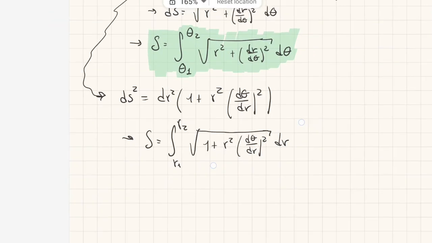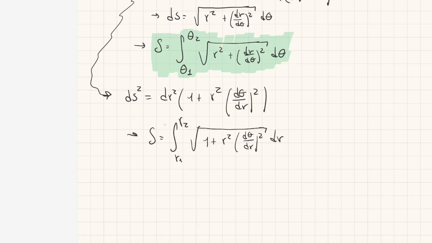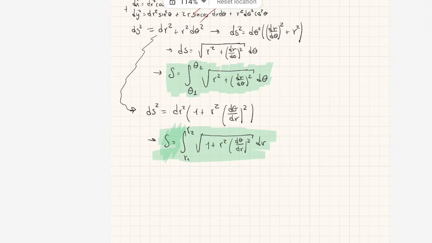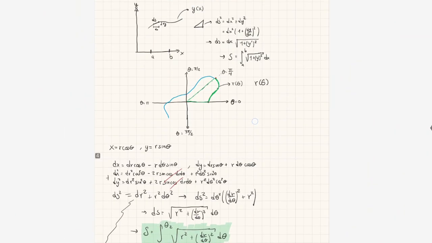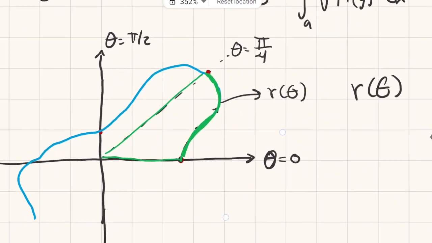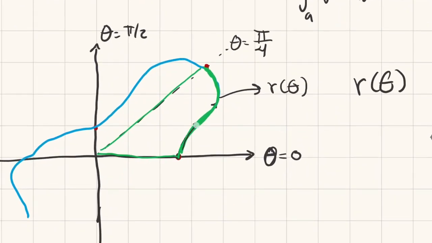Perfect. So it's exactly the same that we found before, right? But now in terms of an integral with respect to r. So you may be wondering what happens with this r1 and r2. Well, when we were calculating the length of this curve, we started on an initial angle theta equals 0 to a final angle theta equals pi divided by 4.